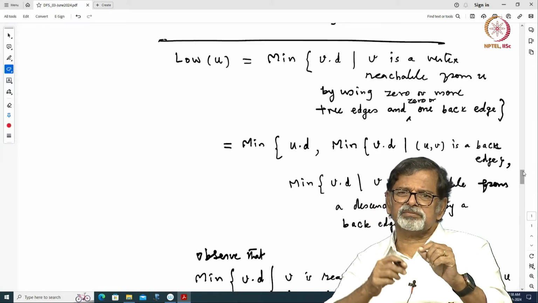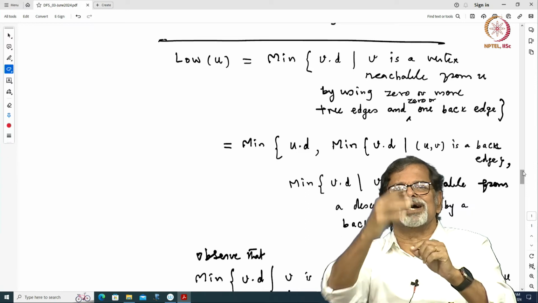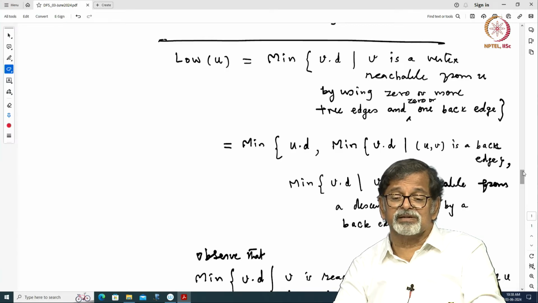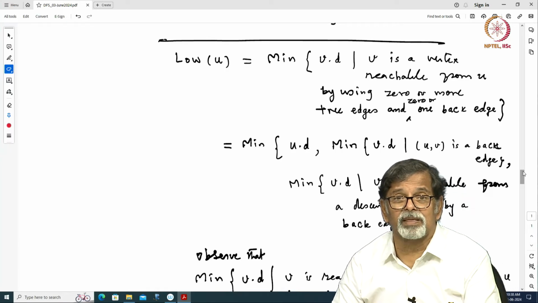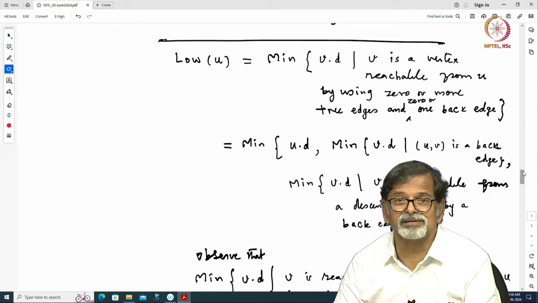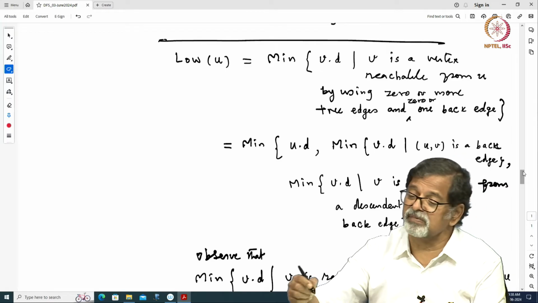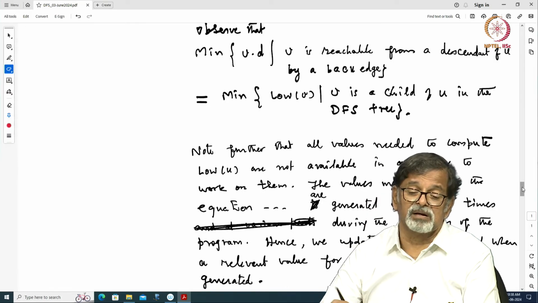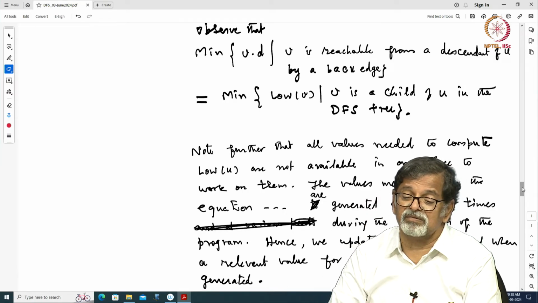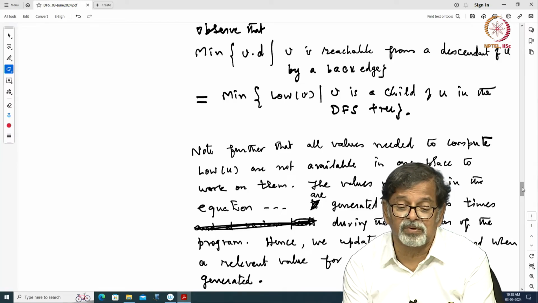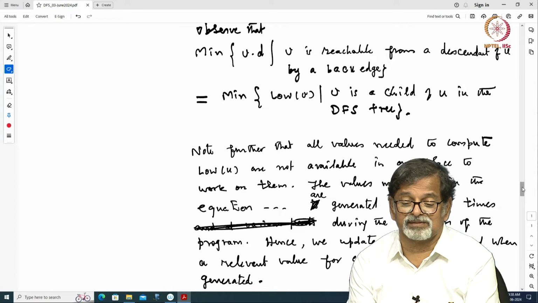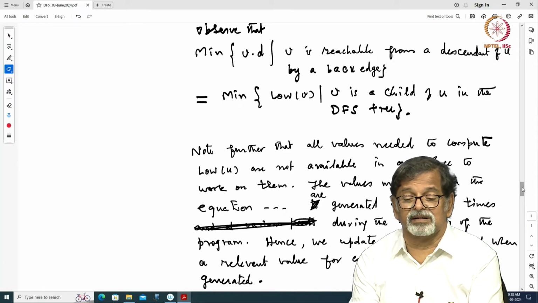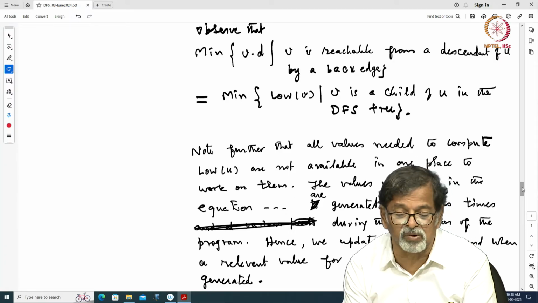So, whenever there is a back edge found, the other end of the back edge and its discovery time is going to be recorded, and it is a minimum of discovery time. So, low u is going to be computed in the following way. First observe that the minimum of V dot d, where V is reachable from a descendant of u by a back edge, is nothing but the minimum of low of V, because the minimum V dot d is nothing but low.